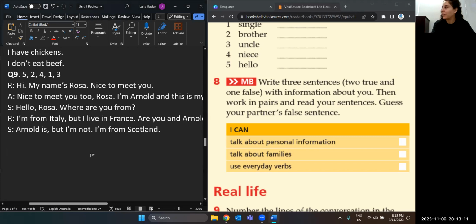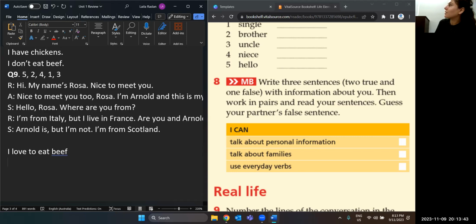And just remember that should be I like. Which one, love? I can't see. I love to eat beef.